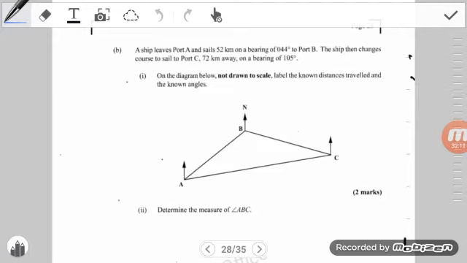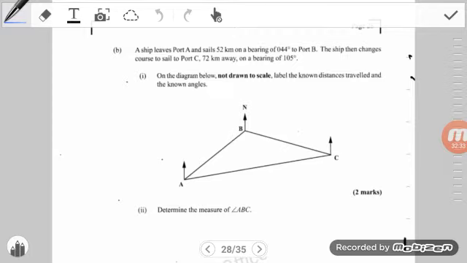So part B here is saying that a ship leaves port A. Here is port A, and it sails 52 kilometers on a bearing of 44 degrees to port B. So the ship is going in this direction here.